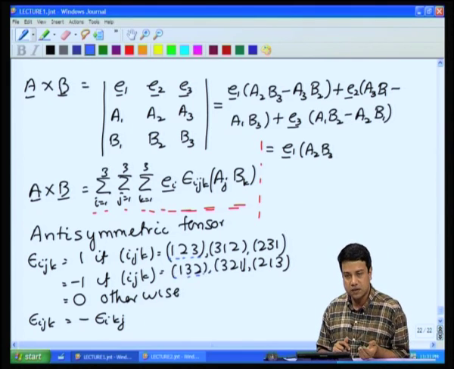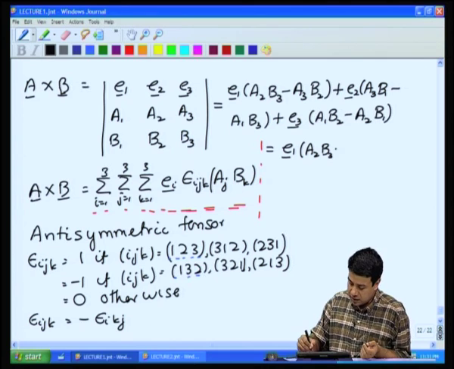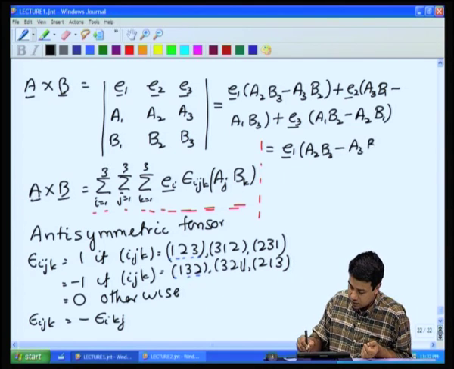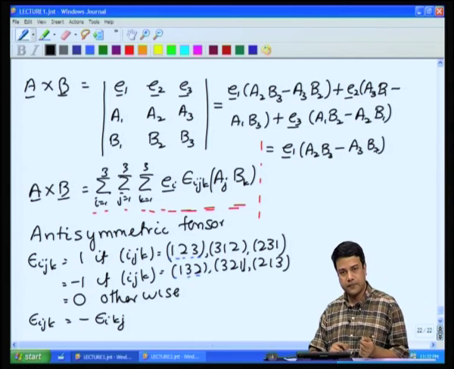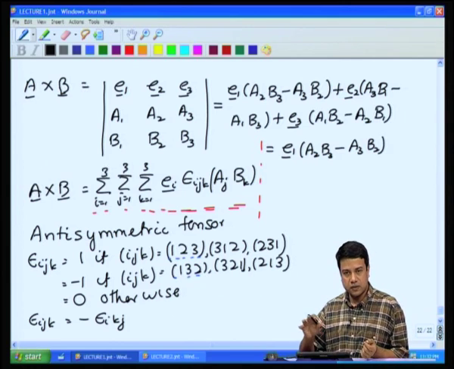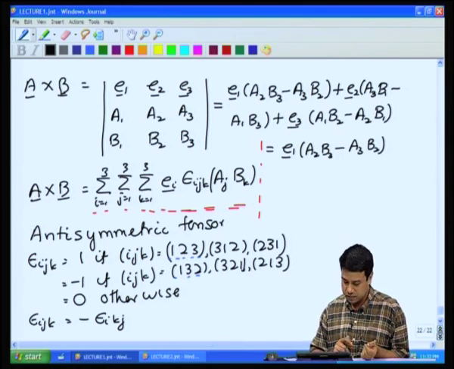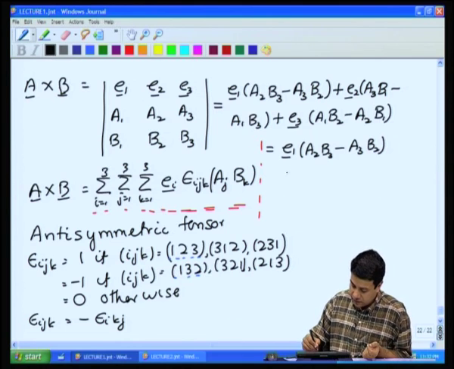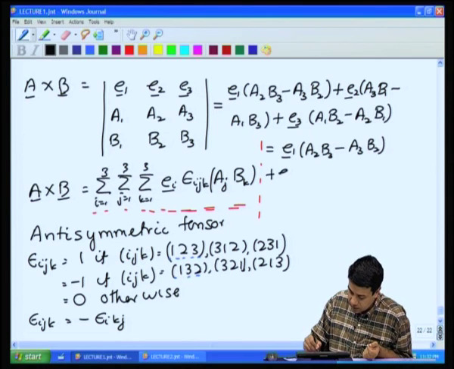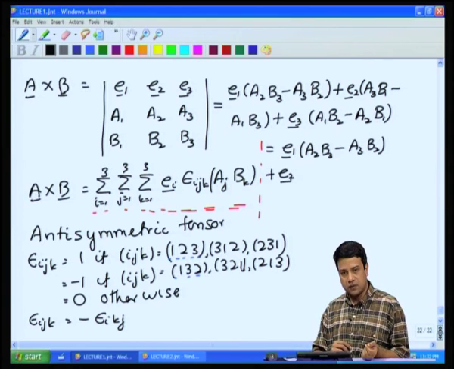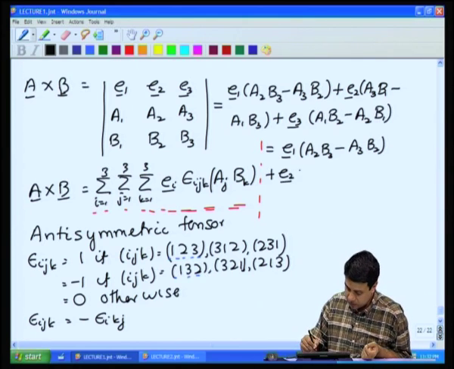In that case, I get minus 1 into A 3 into B 2. These are the only results left over when I is equal to 1, because in all other cases epsilon I j k is equal to 0. Then I have for I is equal to 2, in which case the unit vector is E 2.